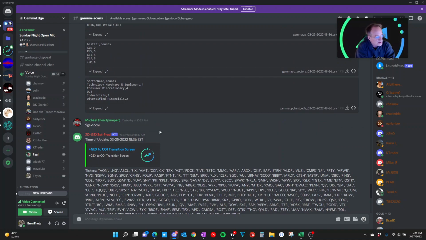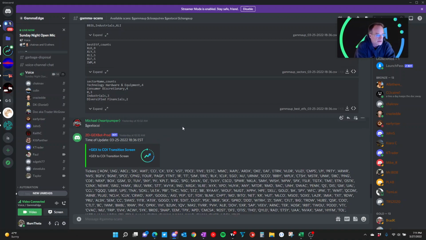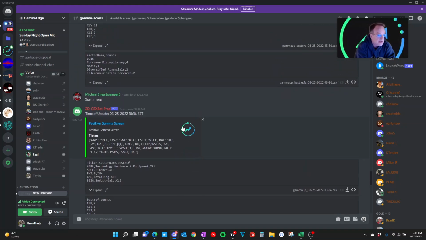Now, the rule in there with Change up has this GEX ratio, that's call GEX to put GEX. Let's step back and think about mechanics here.